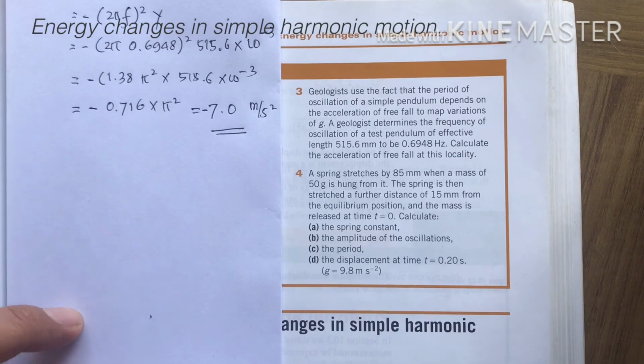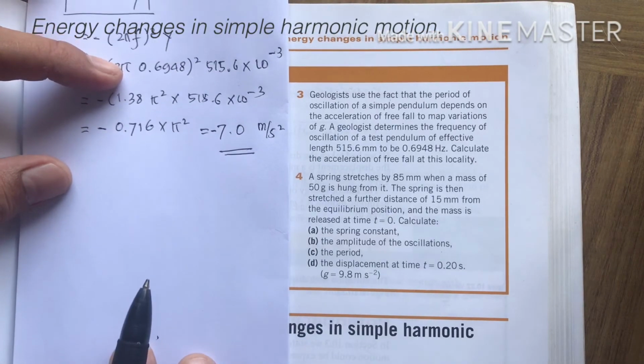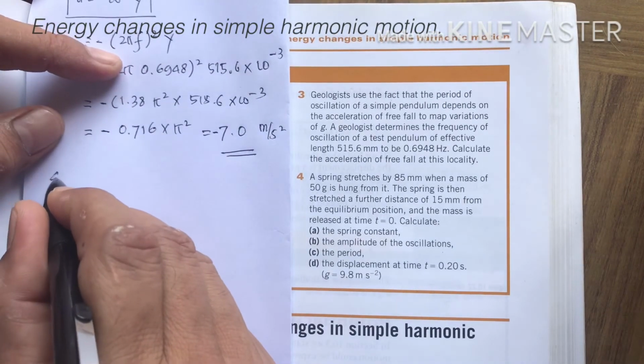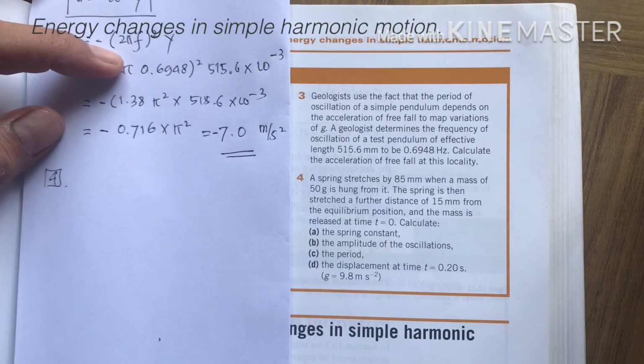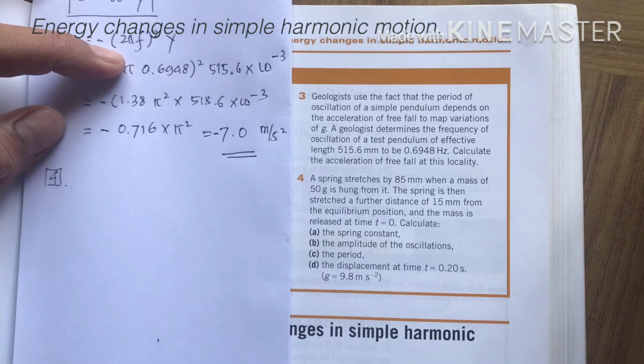Number 4: A spring stretched by 85 millimeter when a mass of 50 gram is hung from it. The spring is then stretched a further distance of 15 millimeter from the equilibrium position, and the mass is released at time 0. Calculate A, B, C, D, the questions.